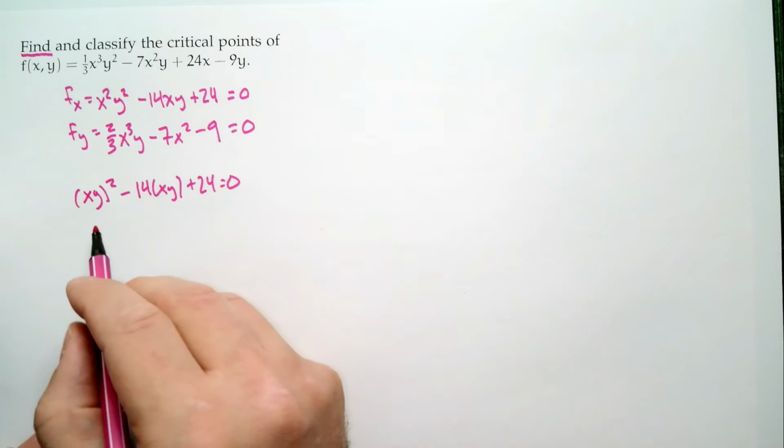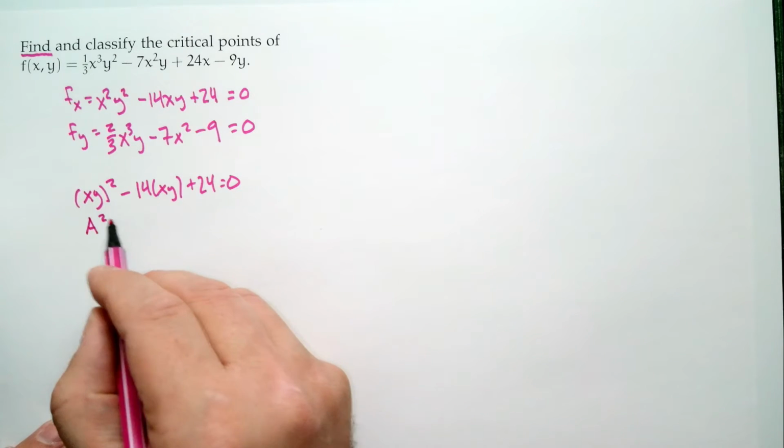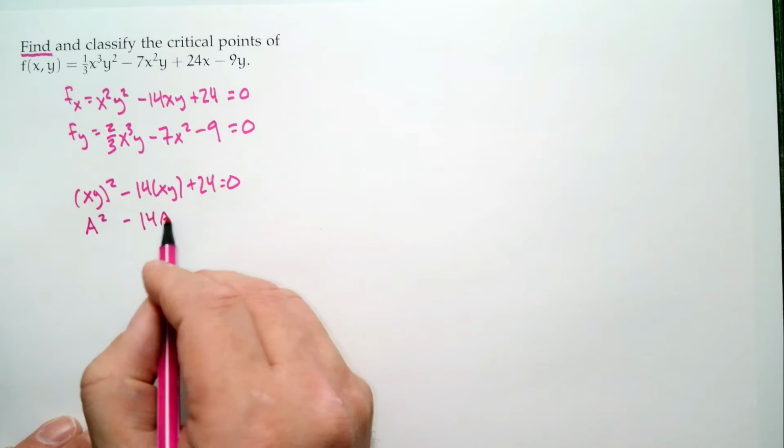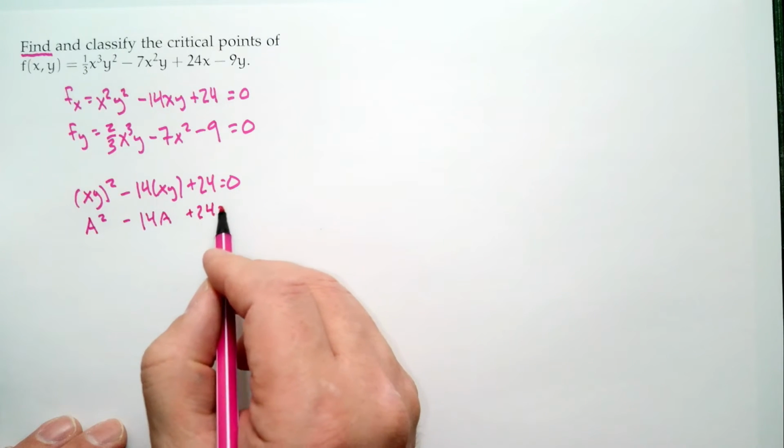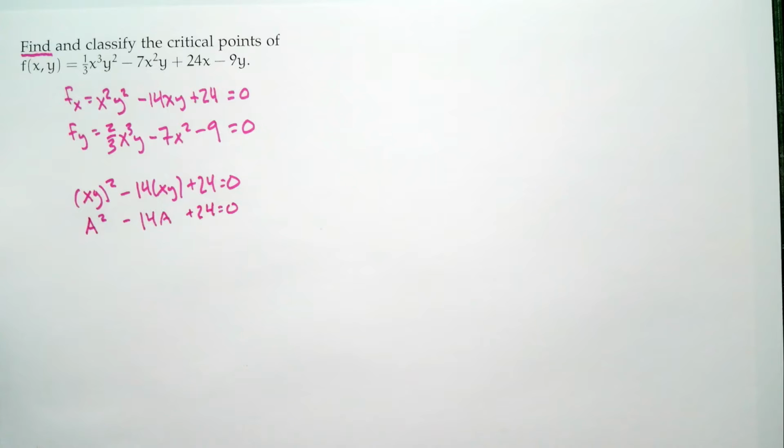If it throws you off, this really is the same problem as a squared minus 14a plus 24 equals 0. Now, does that factor? Well, hopefully. I mean, it's a quadratic, and the rule of thumb is almost all quadratics factor in calculus.